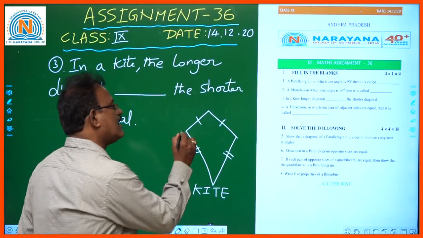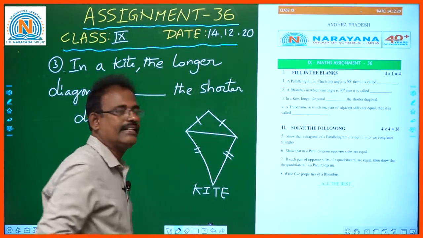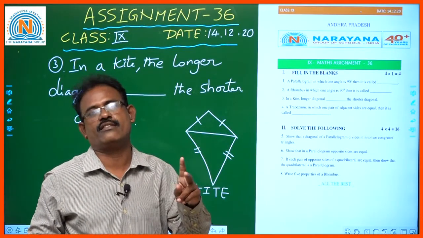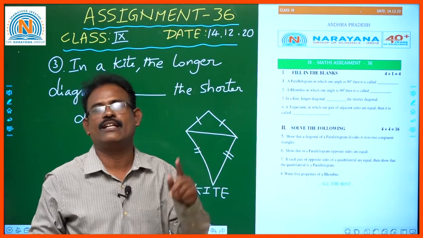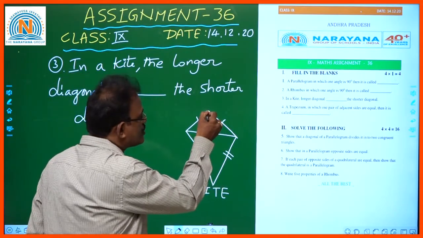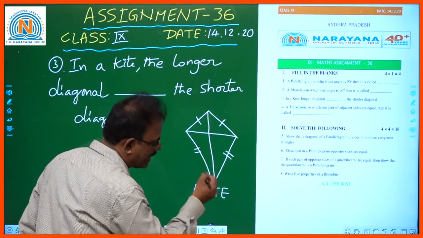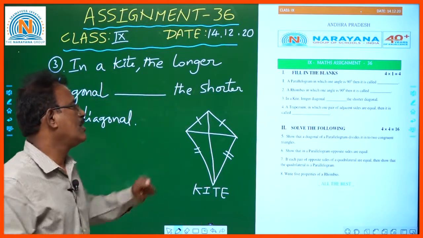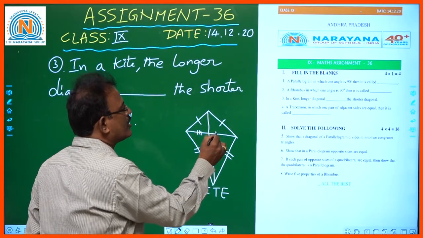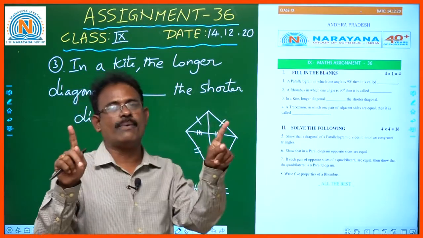Here, this is the shorter diagonal. A diagonal is a line segment joining non-consecutive vertices of the kite. So this is the shorter diagonal, this is the longer diagonal. You see now, the longer diagonal divides the shorter diagonal into two equal parts.